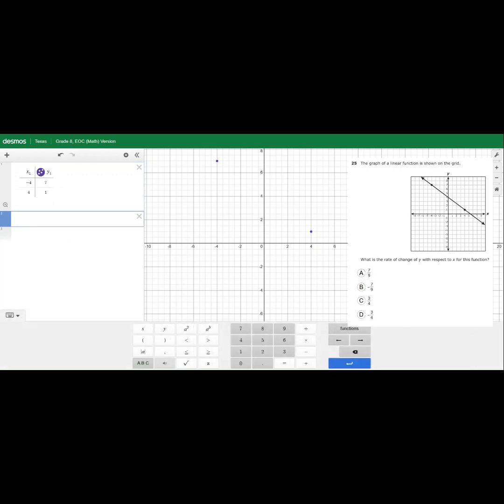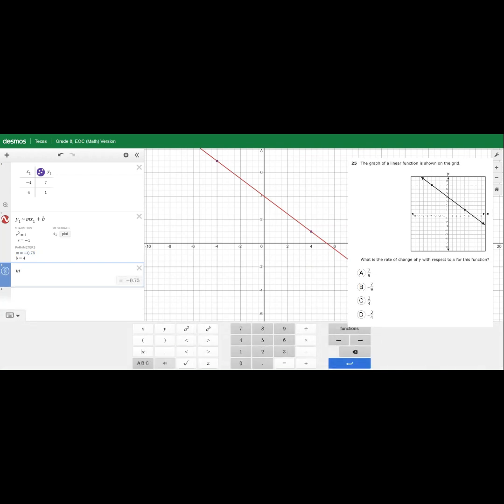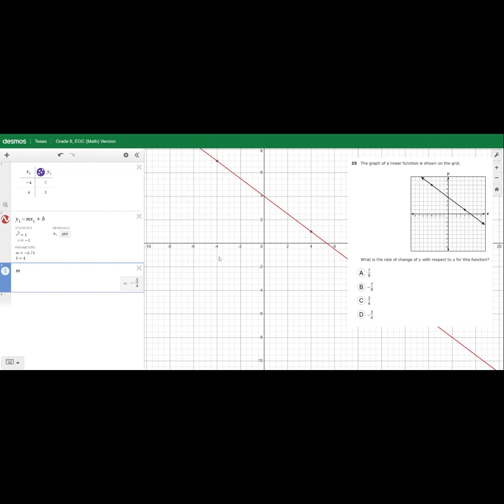Again, you can use the same formula, y1 ~ mx1 + b. They're asking for the slope, so I just need my m. If I type m, it gives you the decimal. If I click this, it gives me the fraction. So my answer here is -3/4, or letter D.